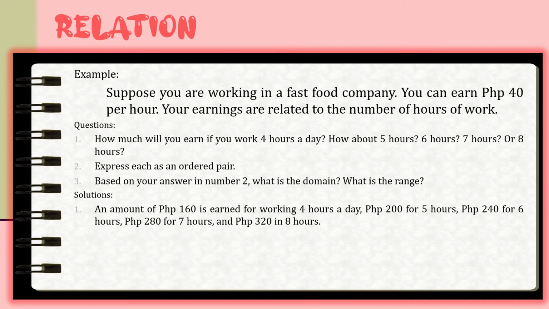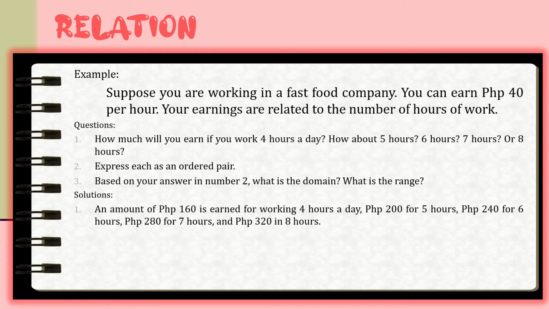That is 160 pesos. So, in 5 hours, we can earn 200 pesos because 5 times 40 is 200. And for 6 hours, we can earn 240 pesos. For 7 hours, we can earn 280 pesos. And in 8 hours, we can earn 320 pesos.